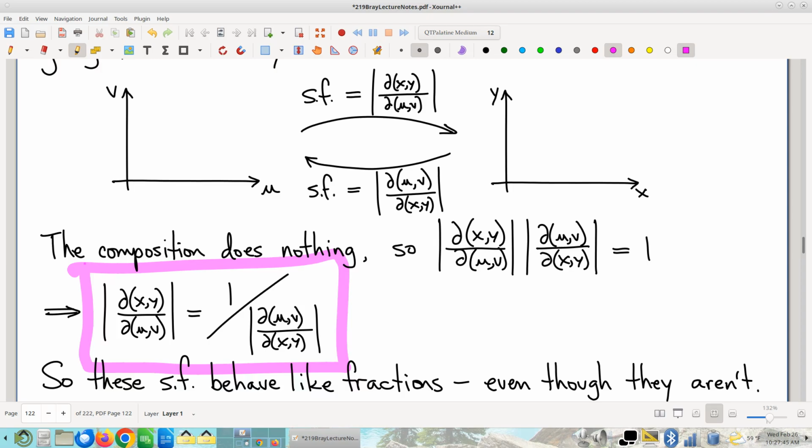It makes me like this notation of writing these stretching factors as fractions, because in addition to what we saw last time about how they behave like fractions, this is another example of how these things behave like fractions. And this is going to end up being really useful in the next example.